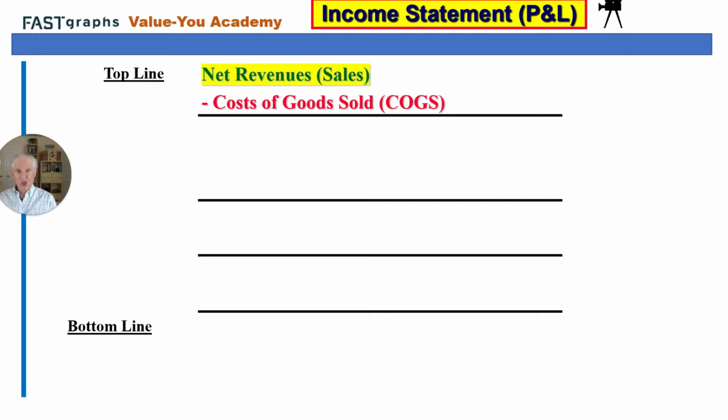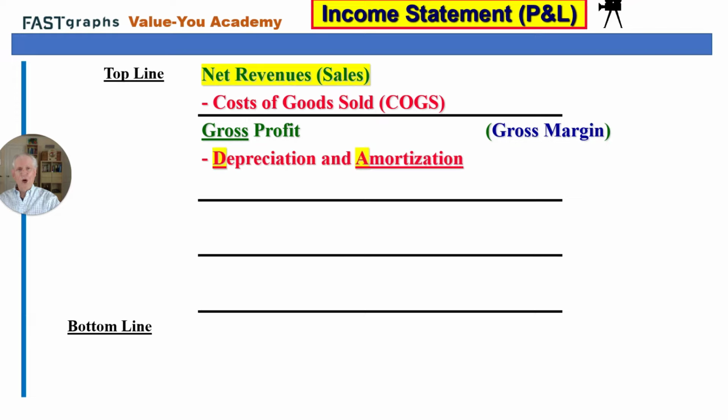So we take off the cost, come up with a very important line item called gross profit. That's in dollars. Then we can divide the gross profit by the net revenue or sales and get our gross margin. That's a percentage. We watch these percentages very close from year to year.